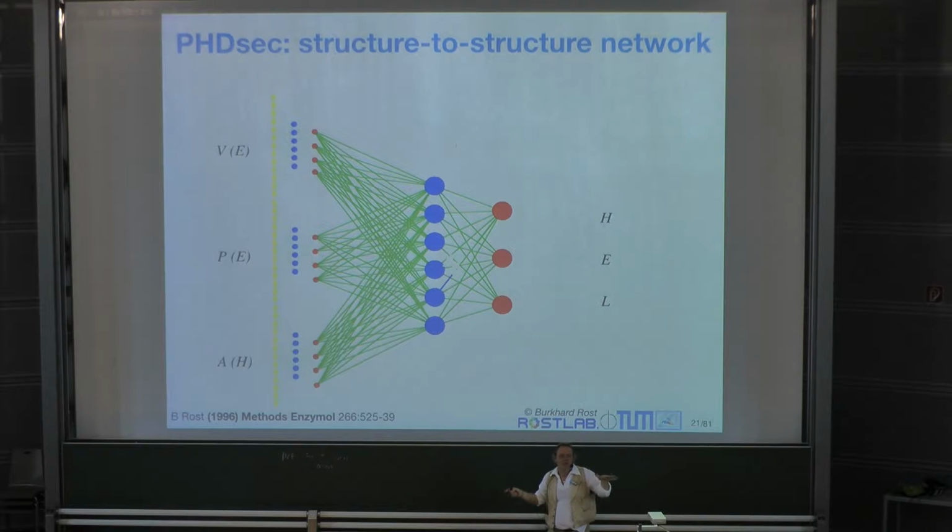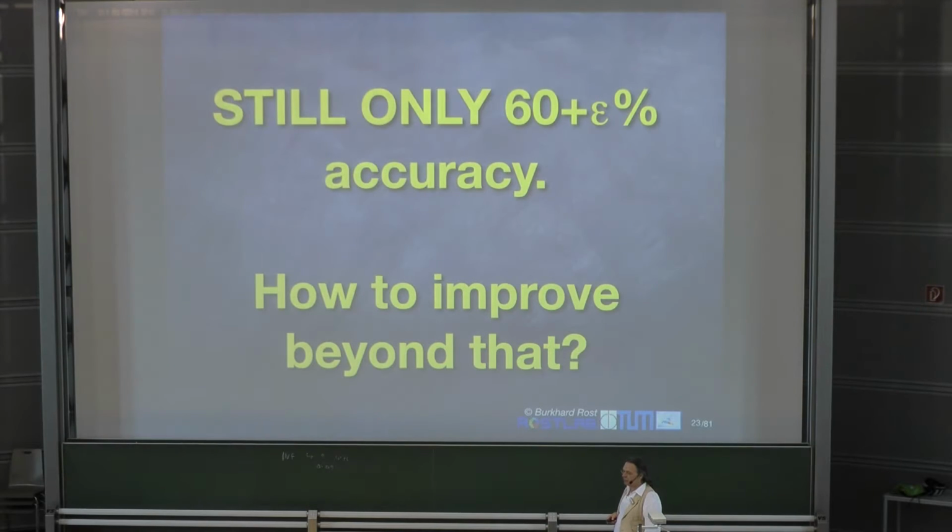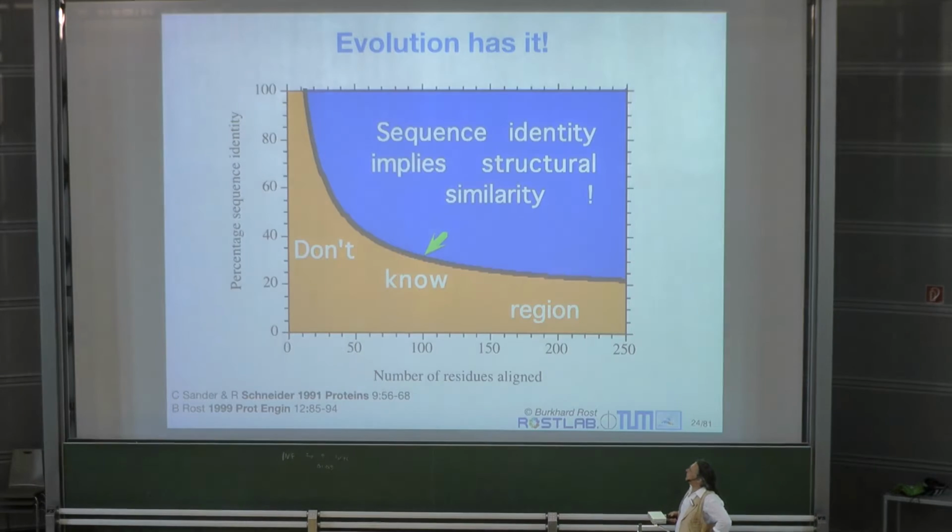Helices have to be 4 residues long at least to have an I+4 hydrogen bond formation. And that is exactly what you learn here. And you could not learn that easily in this first level. I showed you a trick how to do that, but it's less trivial. So this way you solve with the machine learning device here the short segment problem, and the way we addressed the problem of limited accuracy was by putting more information into the system.